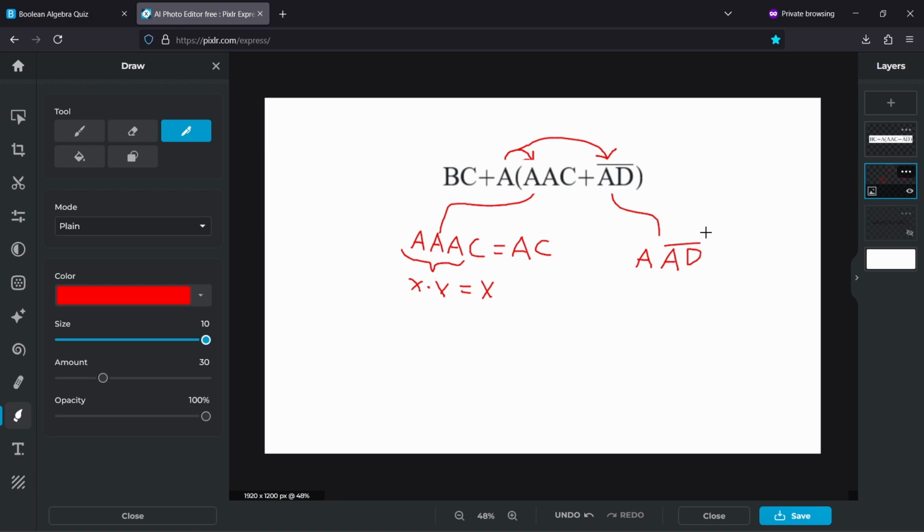And this bar is just the not operation. So whatever this A and D turns out to be will become inverted. And keep in mind, if you have things under an overbar like this, it's as if they are in a parentheses. Just something to keep in mind.